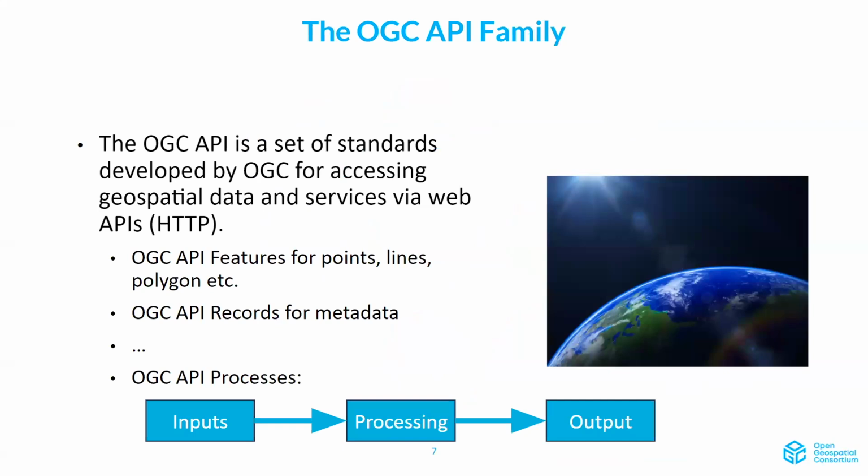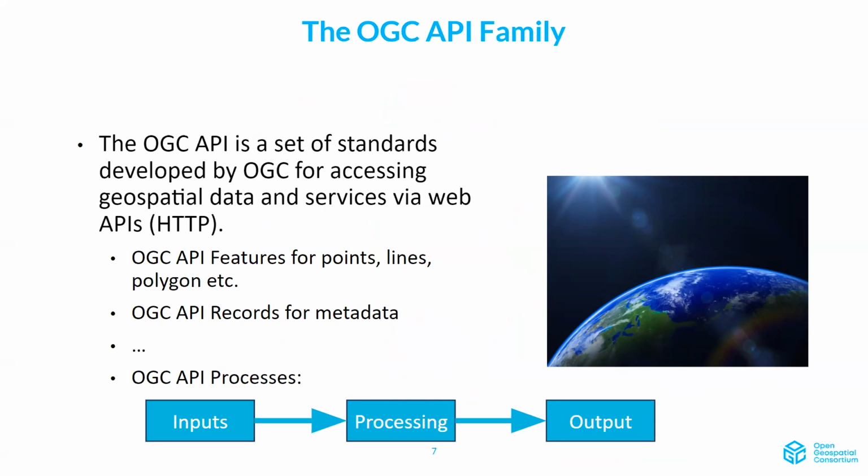One of the standards that I'm talking about is the OGC API family. The OGC API is the set of standards developed by OGC for accessing geospatial data and services via the web, so via HTTP. One of these standards is OGC API Features, so you can request points, lines, polygons, and so on.